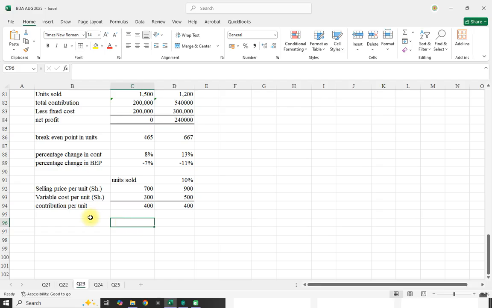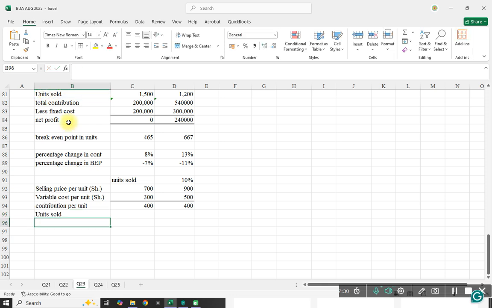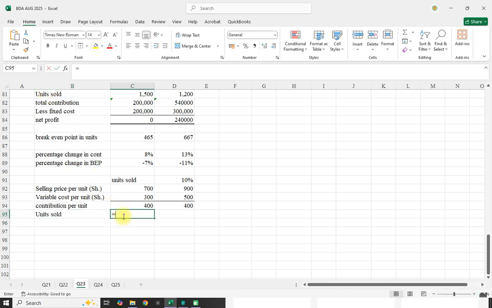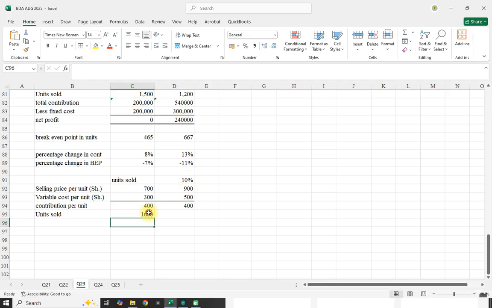Remember, we vary one item at a time. The units sold are the ones that will change. Here it will be this, and we multiply by 1 plus 10%. They will increase because it's favorable.